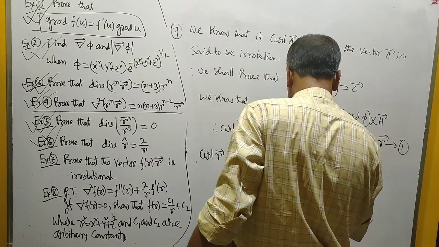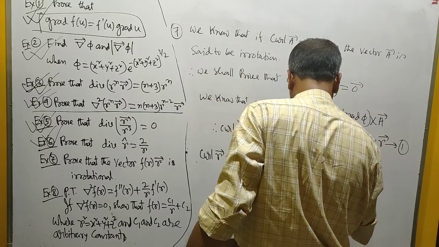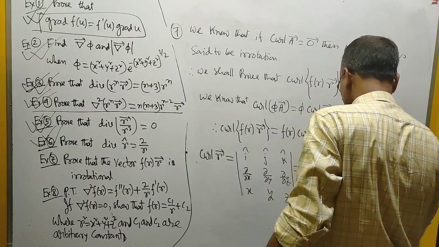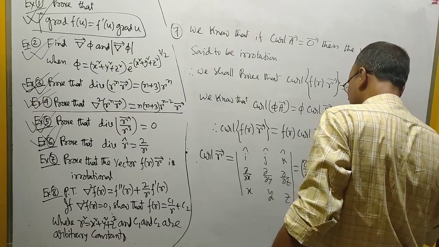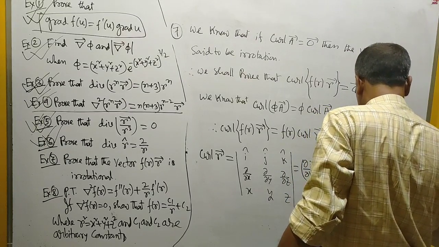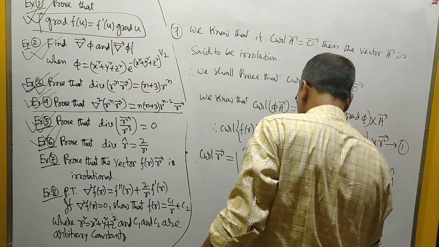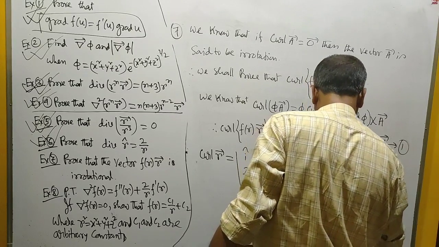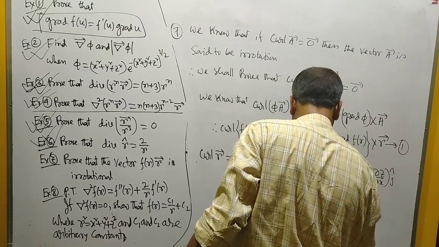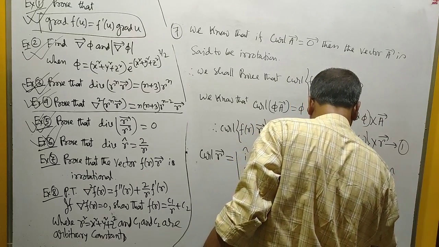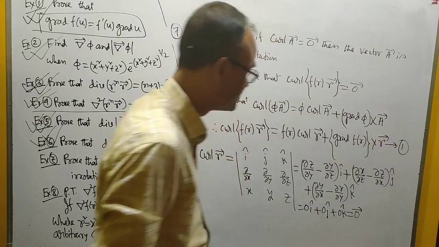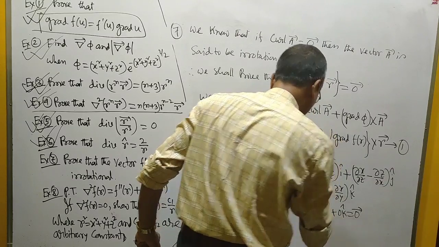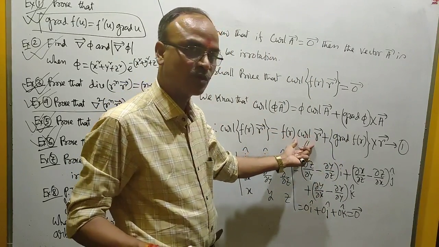This is equal to (del z/del y minus del y/del z) i cap plus (del x/del z minus del z/del x) j cap plus (del y/del x minus del x/del y) k cap. This is equal to 0 i cap plus 0 j cap plus 0 k cap. Curl r vector equals 0 vector. No contribution from this term.